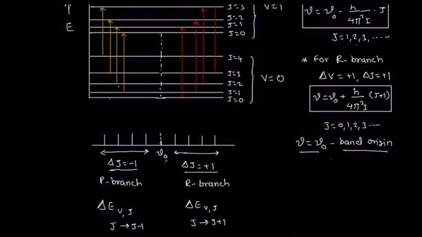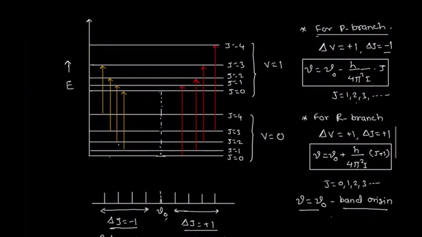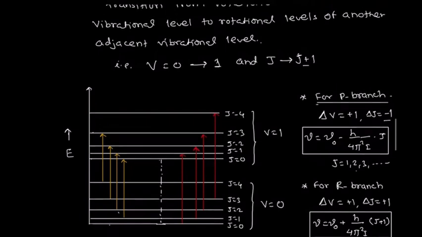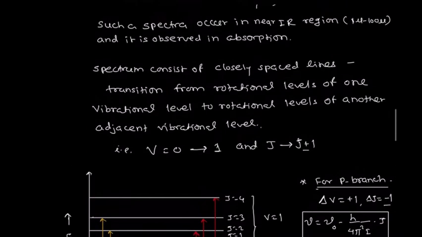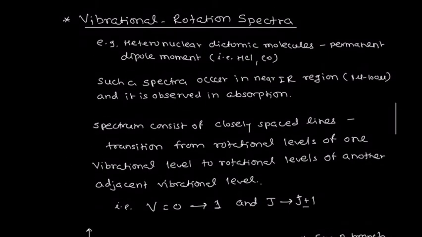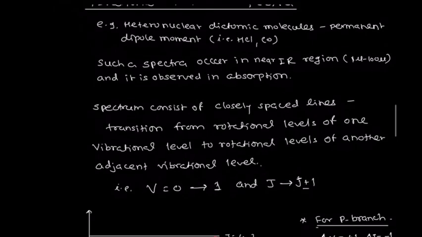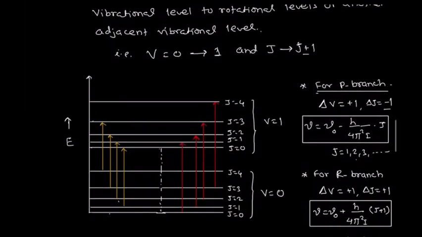In that way, we explained all the terms in rotational energy levels and their spectra, as well as vibrational energy levels and their spectra, and both spectra combined together give the vibrational rotational spectra. Its results we discussed here in detail.